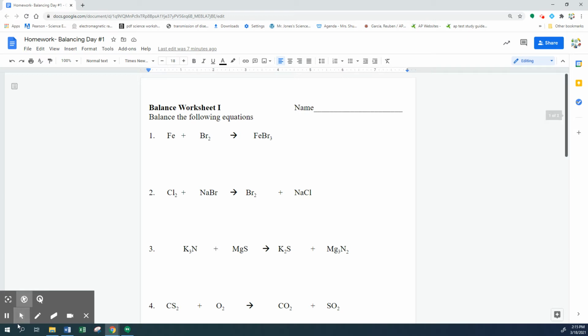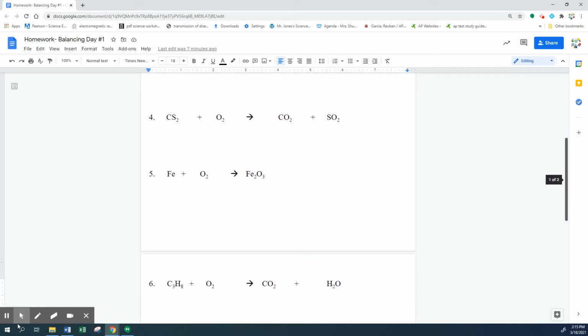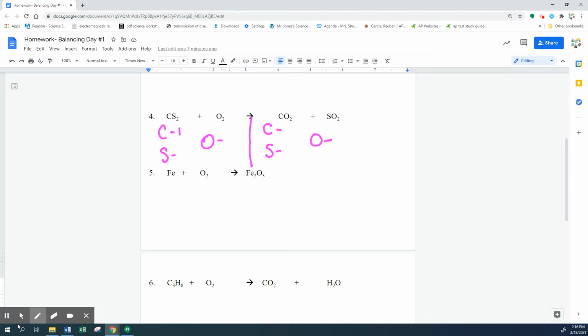For number 4, we're going to do much the same. Draw a line where my arrow is. Write out my elements. I have 1 carbon, 2 sulfurs, and 2 oxygens.